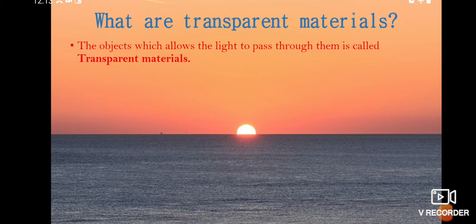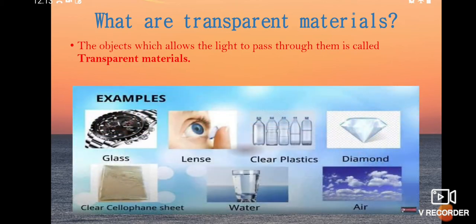For example, glass: when we shine a torch onto the glass, the light ray passes inside the glass and goes out of the glass again.